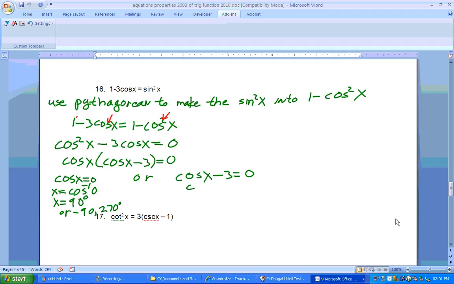This one, there is no place in the unit circle that exceeds 1. Is that your way back there? No, it's 1. Yep. There'll be no solution. Yep. No solution there.